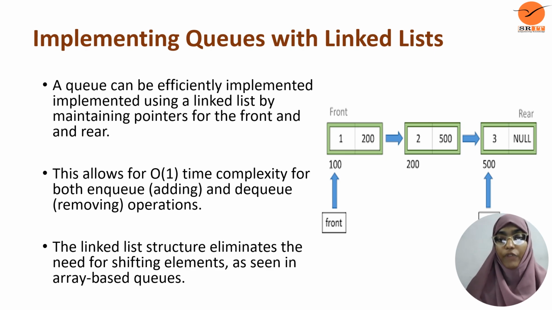So when rear pointer moves, then only front pointer moves. These allow for one time big O time complexity for both NQ and DQ operations. The linked list structure eliminates the need for shifting elements as seen in the array based queues.